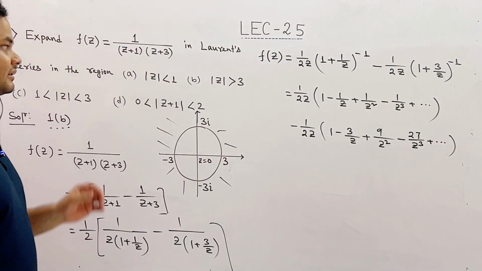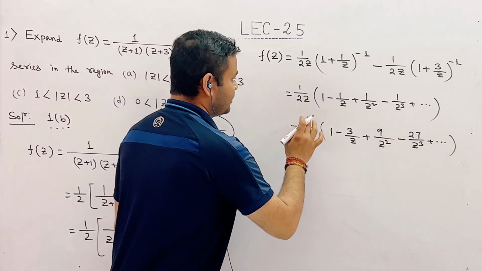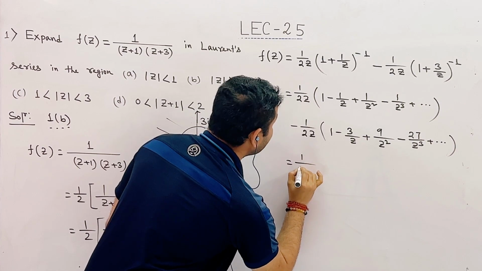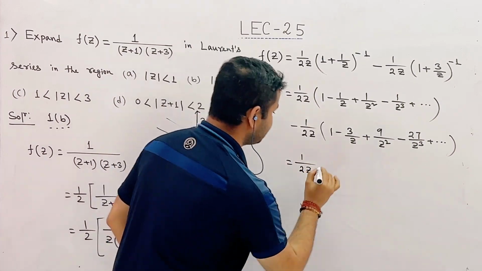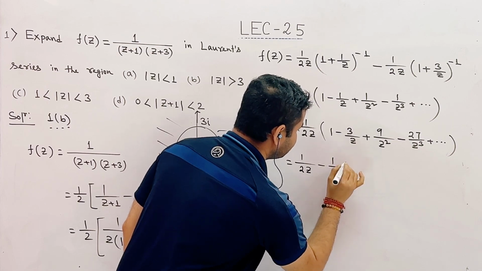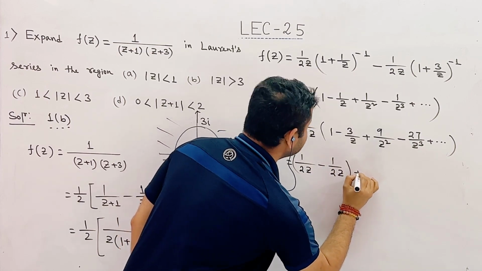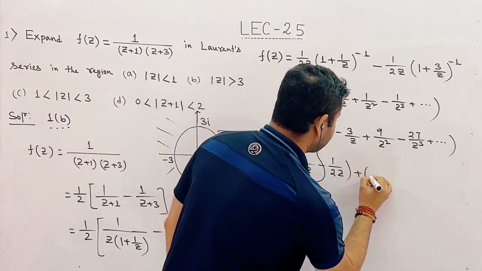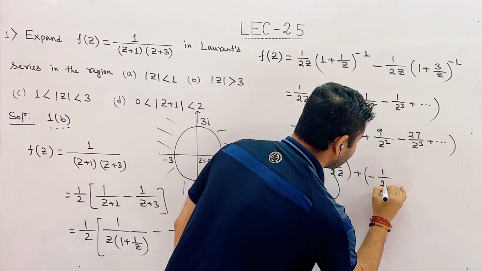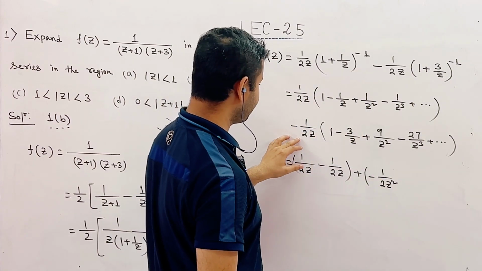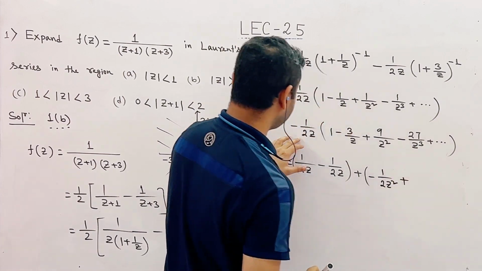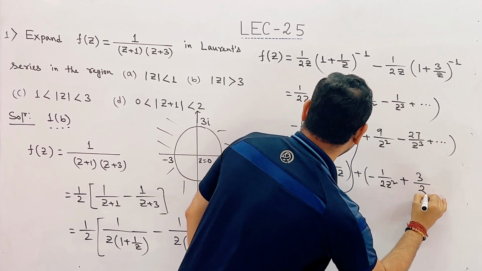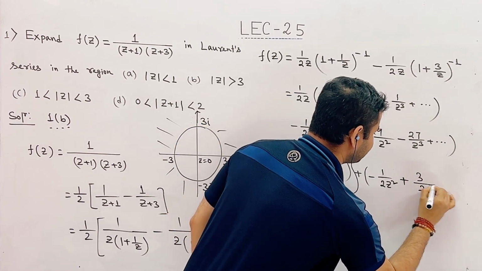Again, let us add the same power terms. First, let us add this term and this term. So, 1 by twice z minus 1 by twice z, plus, again let us add this one and this one. So, minus 1 by twice z square plus 3 by 2 z square.